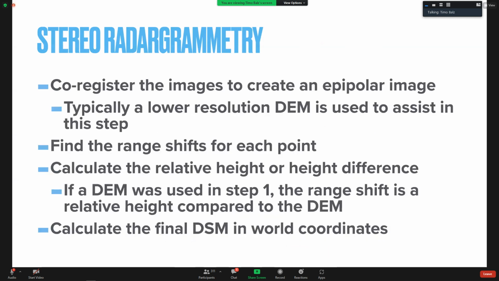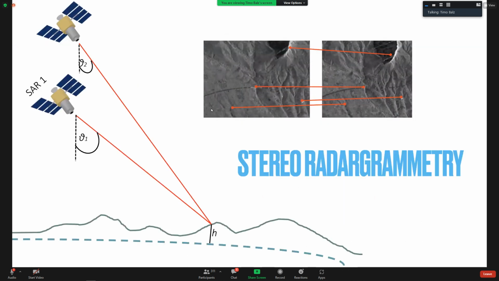So if you have here two images taken at different sides, what you need to do is to find these similar points. So that point is here, right? That point is here in the other image. That point is here in that image, and here in that image.